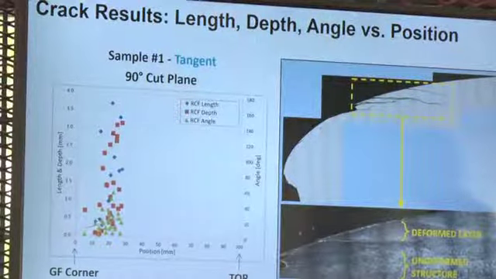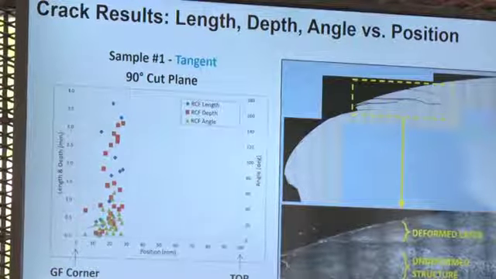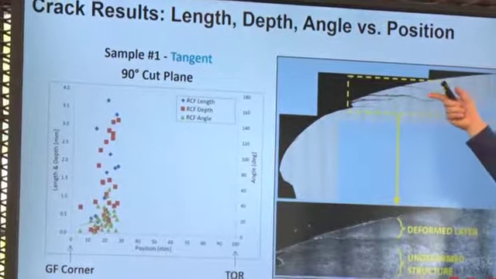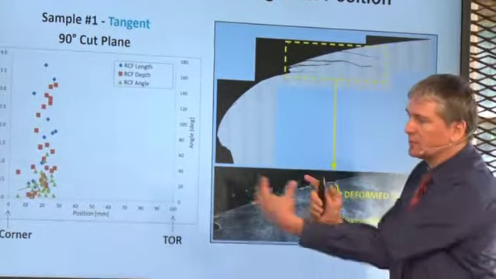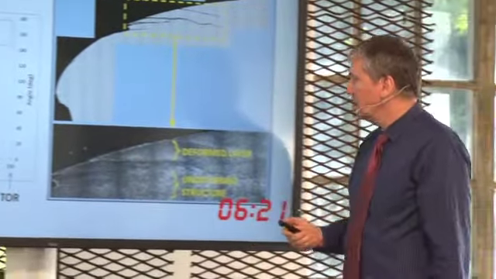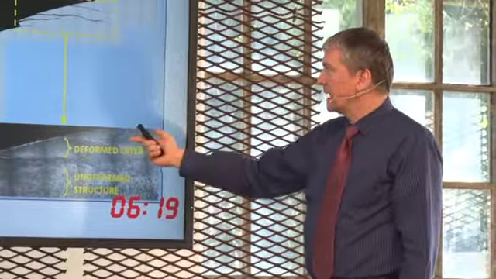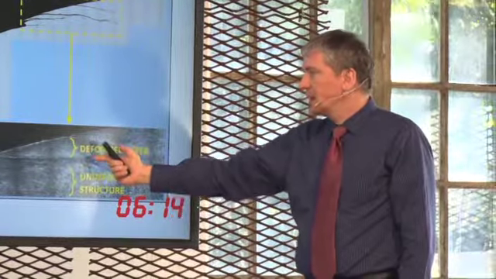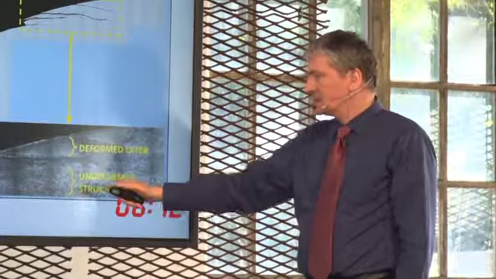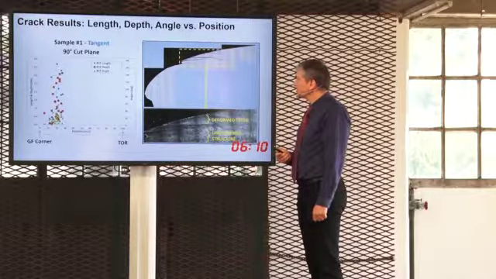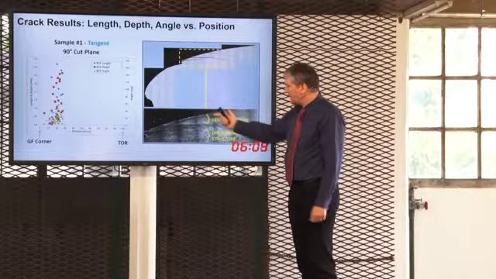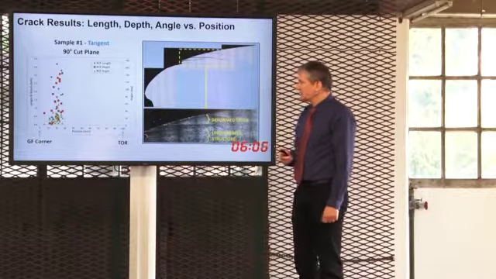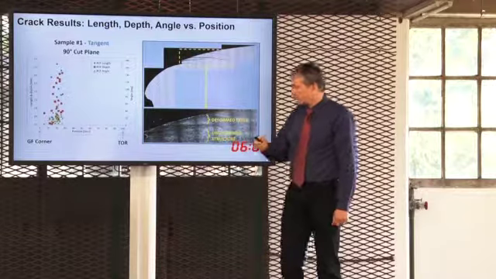For the tangent cuts, most of the RCF is located right at the gauge face corner, so it's shifted to the left side of the graph there. If you do the etching of this location, you see there's a lot of plastic flow between the layers. As soon as you hit the last layer, this is the undeformed microstructure. So non-isotropic behavior here, and that's isotropic. That's one of the trends there.